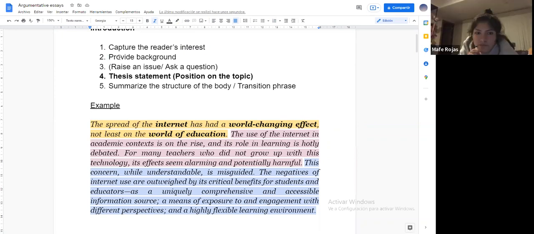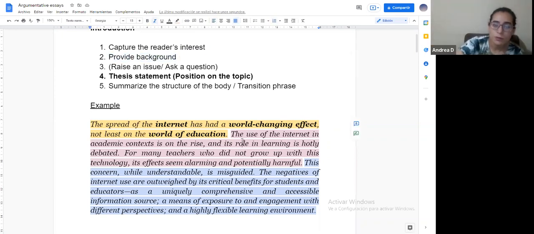Now you can also provide a bit of background. So basically acknowledge what this is about or what has been happening around this topic, or something related to the topic. Here you can also sometimes provide definitions.